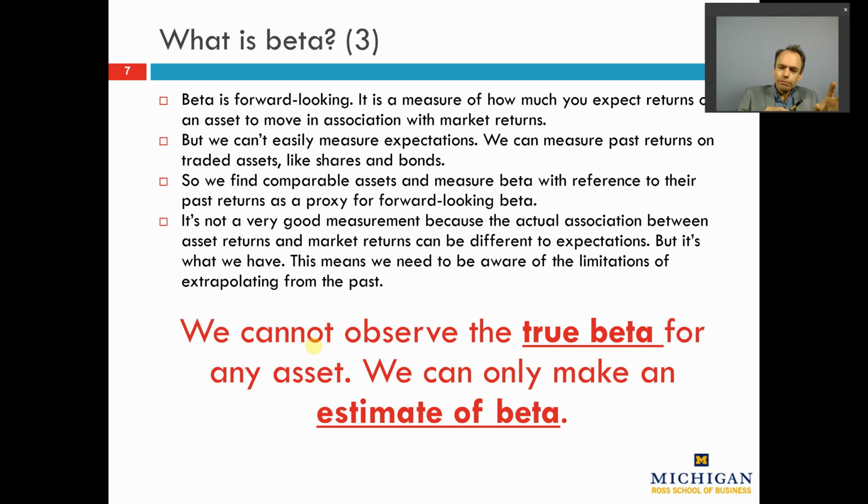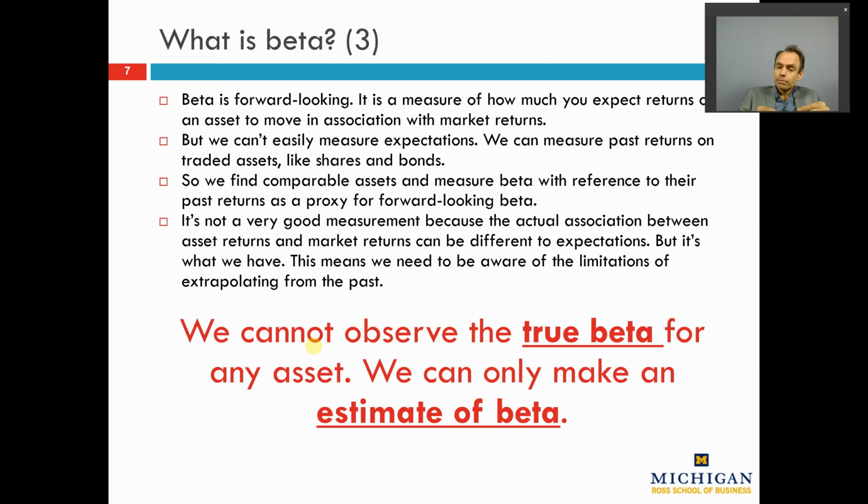Now that's important for you because people in practice, and in particular when students do internships, form this idea that beta can be estimated with precision. So for example, you need a beta estimate to value McDonald's. So you look at the relationship between McDonald's returns and the S&P 500 returns and say, well, if I estimate beta for McDonald's of 0.8 using that regression, which we're going to talk about in a moment, that's the beta estimate for McDonald's.